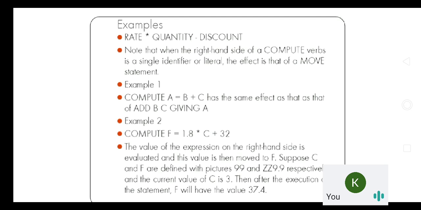So these are some examples of how we have to use the compute verb.